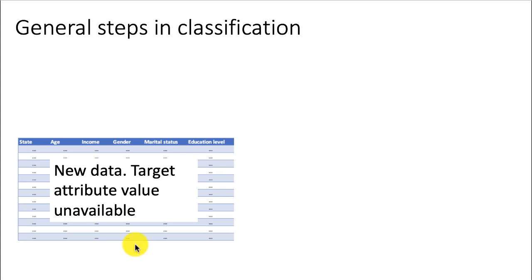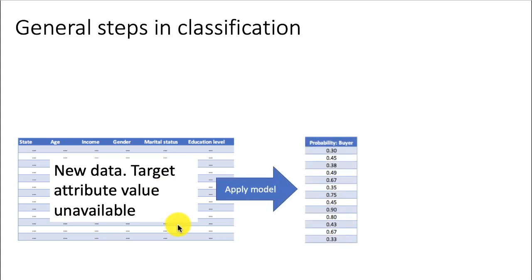Okay, so once again, let's get into the general steps that are involved in classification. We already know that here is our new data for which the target attribute value is not available. We then apply the model, and till now we've been talking as if applying the model is going to tell us which class each case belongs to.